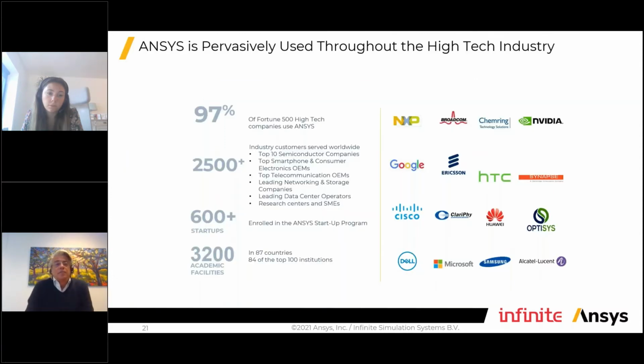Ansys is used a lot in the high-tech industry. Like 97% of the 500 high-tech companies use Ansys, but also a lot of smaller companies, startup companies and academic users are using Ansys for these purposes.